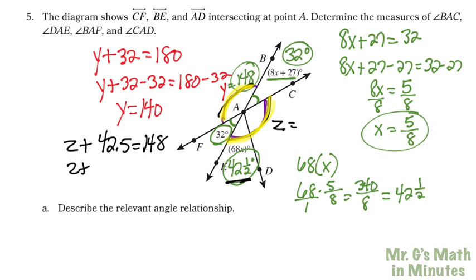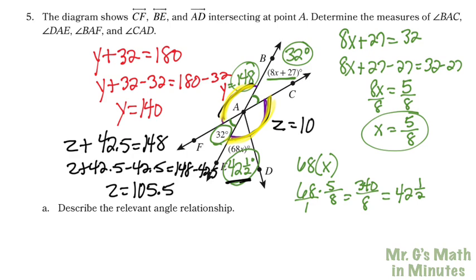So we do z plus 42.5 minus 42.5 is equal to 148 minus 42.5. So that z is going to be equal to 105.5.